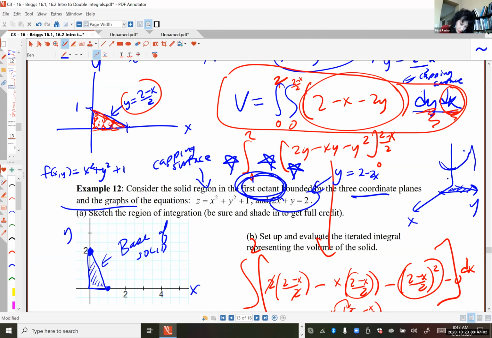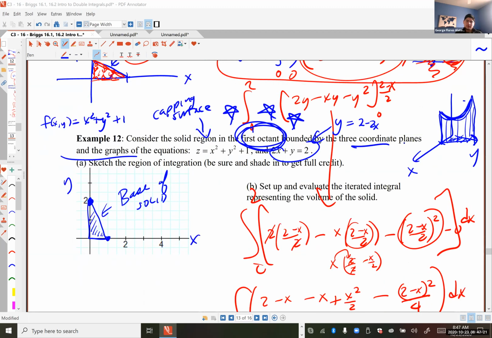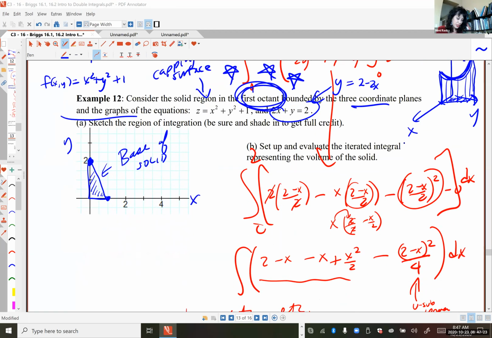So the solid that we're trying to find the volume of looks like this. Can you guys kind of picture this with a sort of concave top? That's the solid we're trying to find the volume of. Pretty weird, huh?